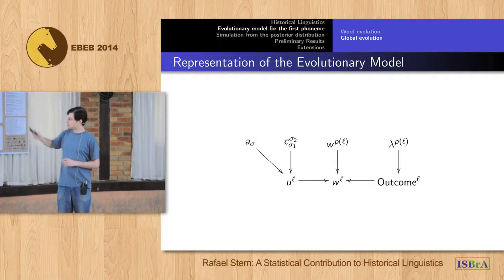And then the frequency of irregular outcomes are used to define which words in that language suffer irregular or regular outcomes. And then using the outcomes, the proto-words and the sound changes for language L, we can finally construct the words for language L.